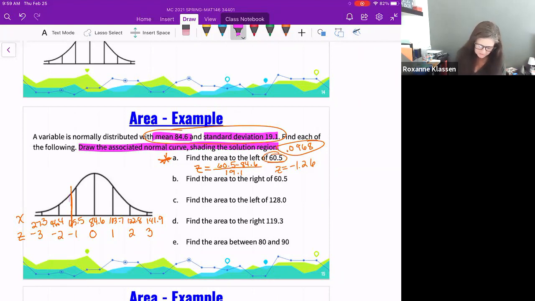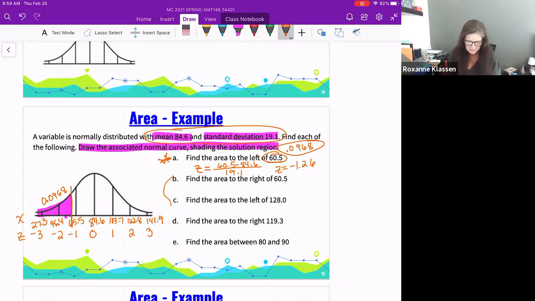And so when we're shading, the area to the left is right here. And so that area to the left is 0.0968 or about 9.5%, right? But if it wants the exact value, that's the value you give. Okay, so we did the shading on the region. So that's what you want to do.